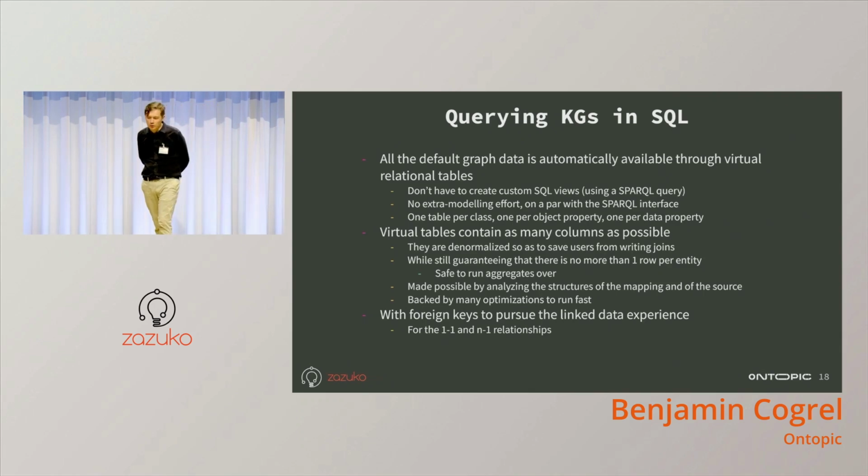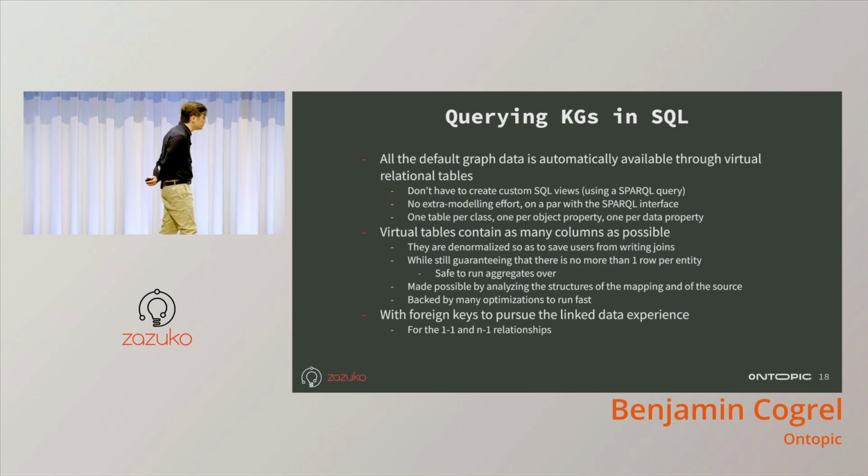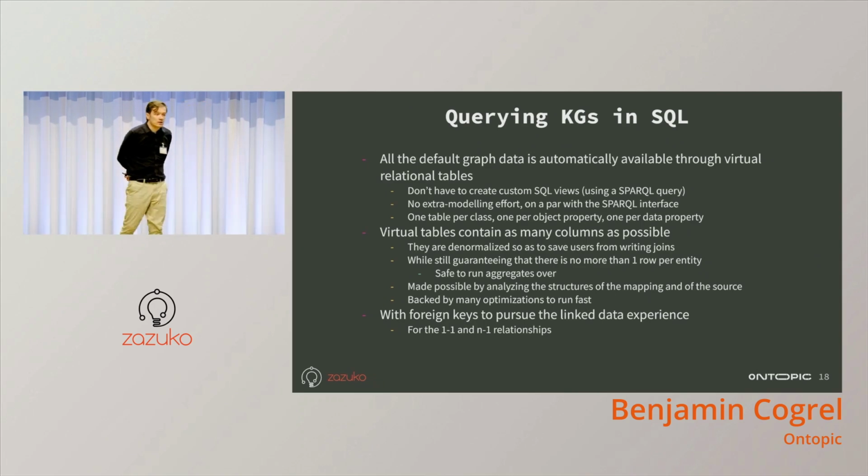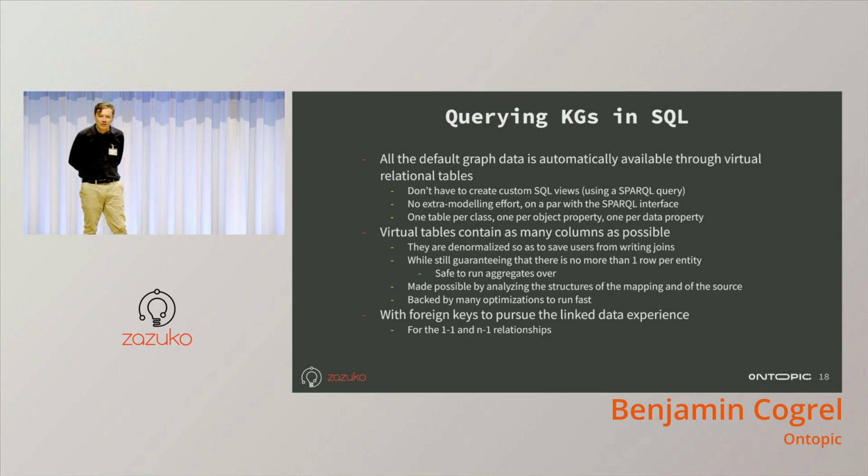And basically what we are doing is that for each class that we are using, we are creating a table. For each object property, we also have a table, and likewise for each data property. So you may think that this data then is getting super normalized, but actually, to make it nicer for the users, we also denormalize it as much as we can.